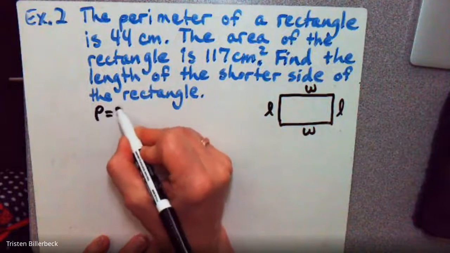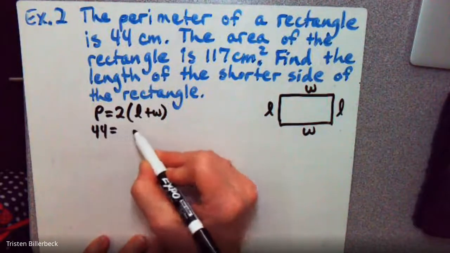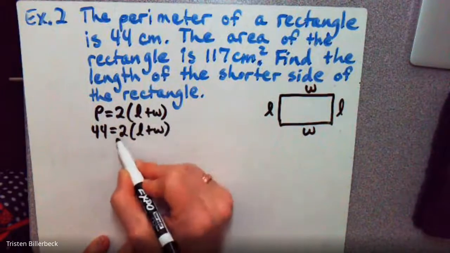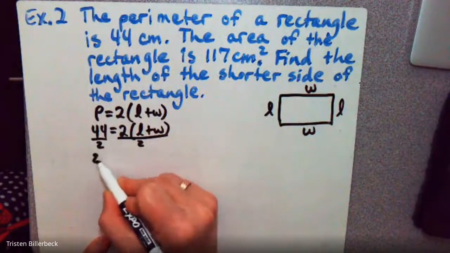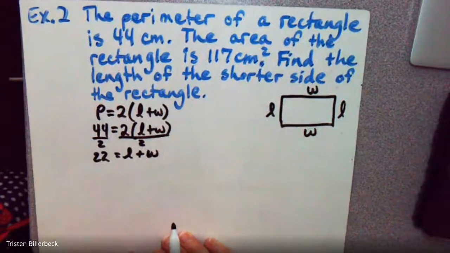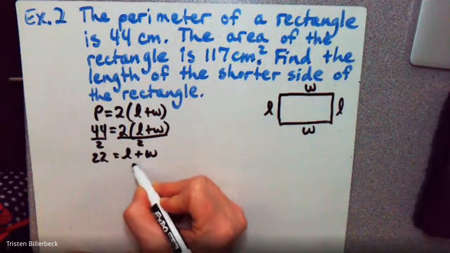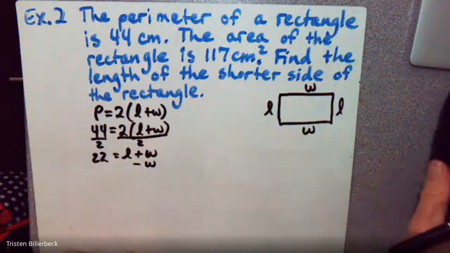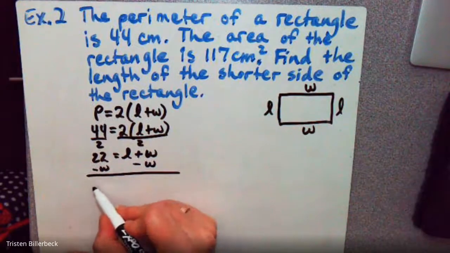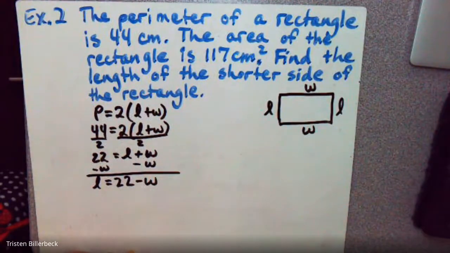So perimeter is twice L plus W, and we're given 44 equals 2 times L plus W. If we divide by 2, we get 22 equals L plus W. Now if we subtract W from this side, we get L equals 22 minus W.